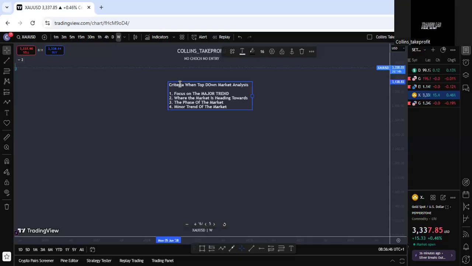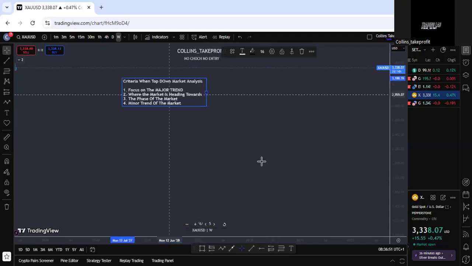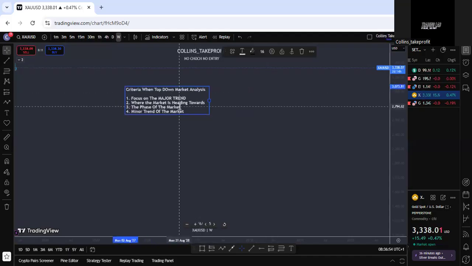Now, this isn't in an orderly manner, but I'm going to explain how you could make a top-down analysis with just these four criteria.